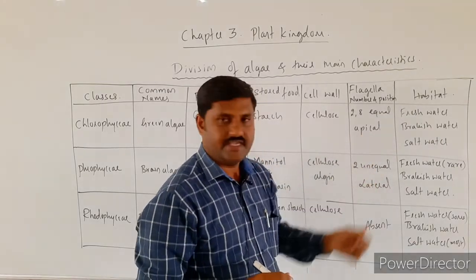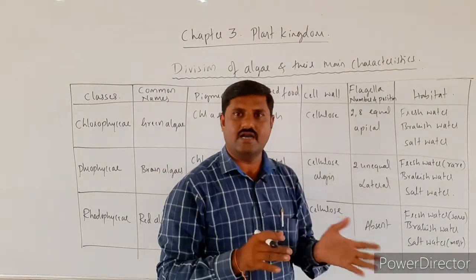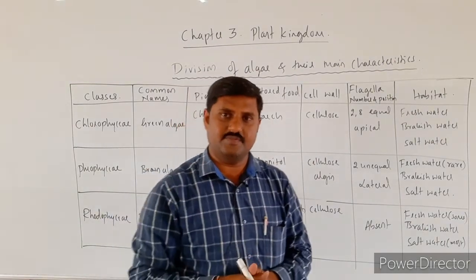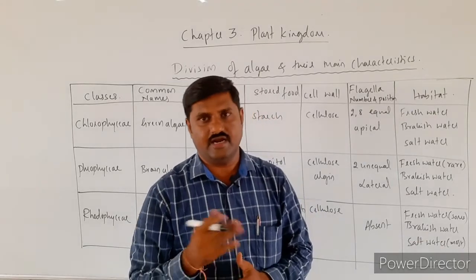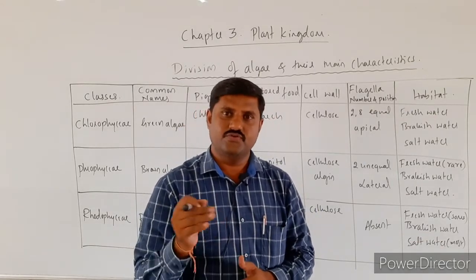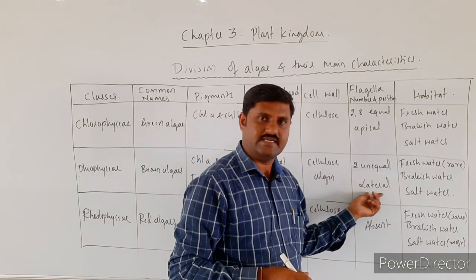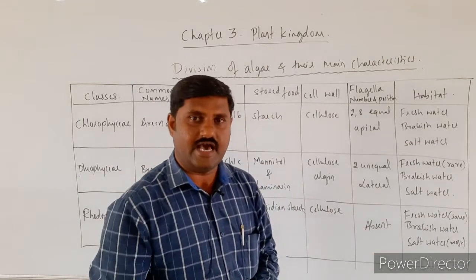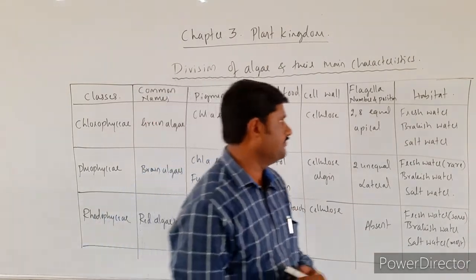In the same way, in brown algae, 2 unequal flagella are present. One is tinsel, which is longer, and another is a smaller whiplash one, and they are attached on the lateral sides. And in red algae, flagella are totally absent.